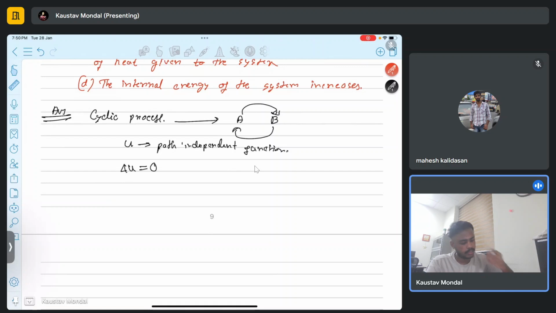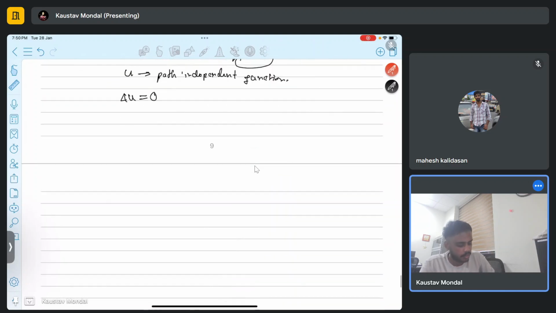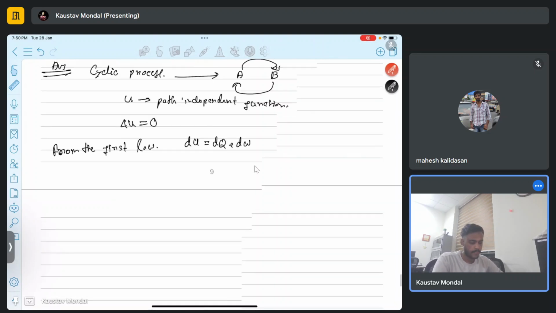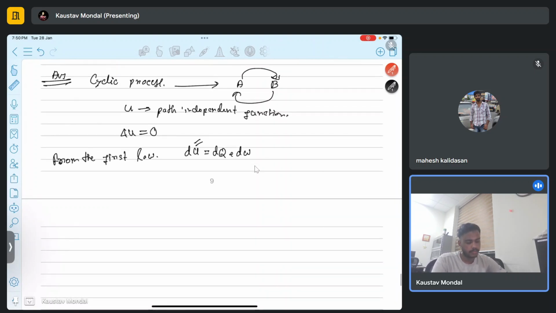Similarly, if you substitute it in the first law, let me begin from the first law. dq equal to du plus dw. Sorry, I wrote it wrong earlier.